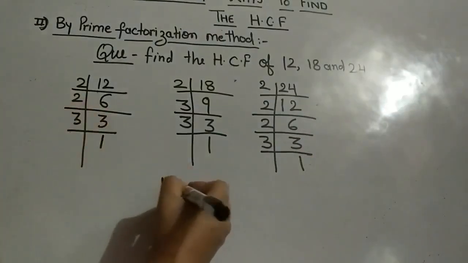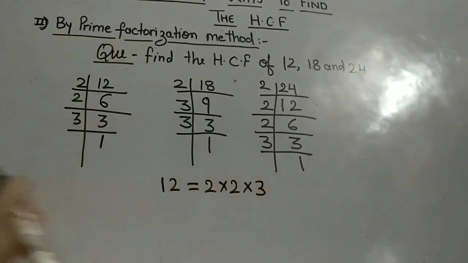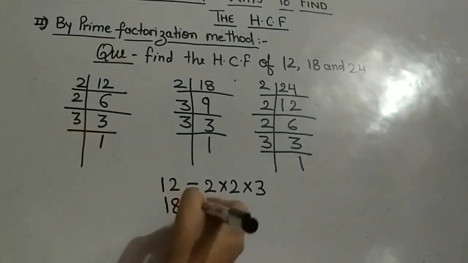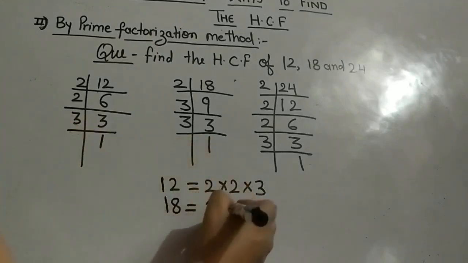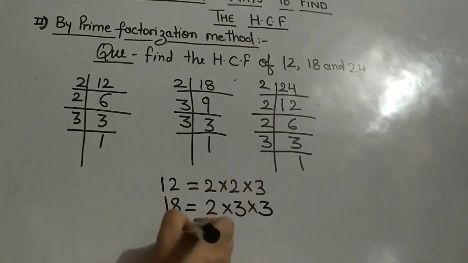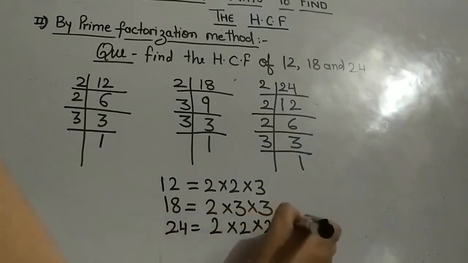So 12 equals 2 multiplied by 2 multiplied by 3. 18 equals 2 multiplied by 3 multiplied by 3. 24 equals 2 multiplied by 2 multiplied by 2 multiplied by 3.